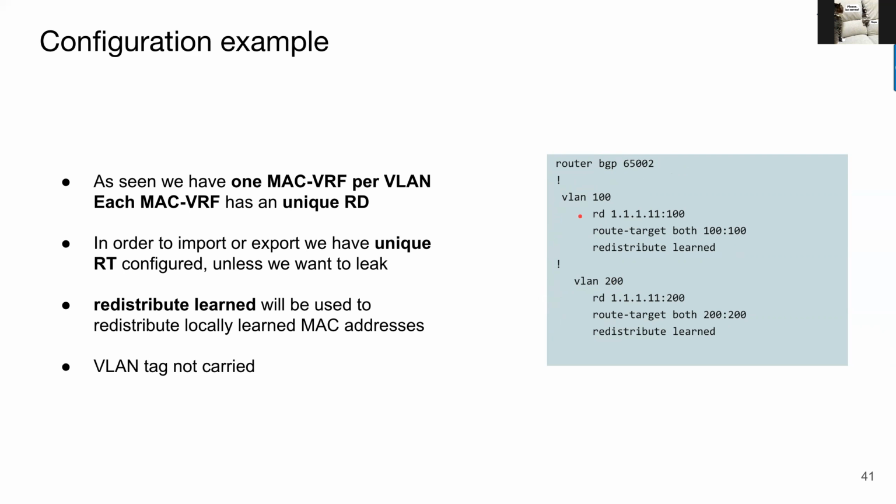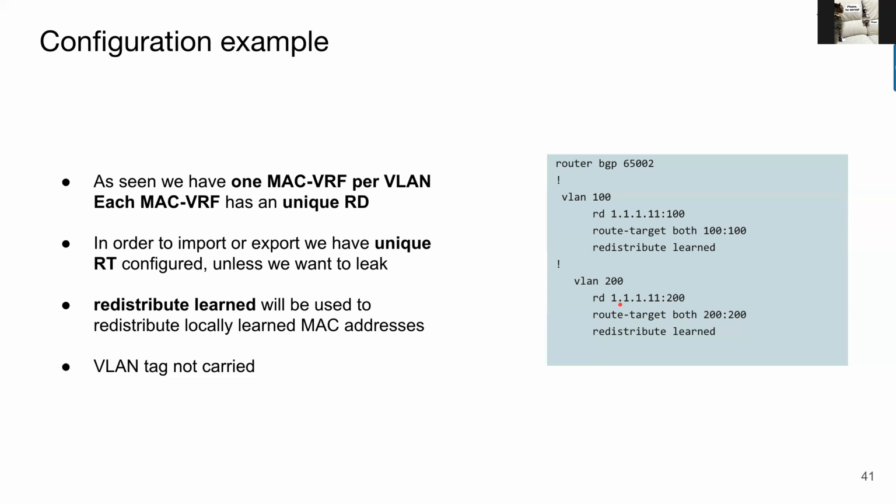Each one has a unique route distinguisher, which means that any of our MACs learned locally will be sent out using this RD. My route target for both importing and exporting control plane state is 100:100. And then I'm going to redistribute learned. Any MAC I'm learning locally, I'm going to redistribute into EVPN.